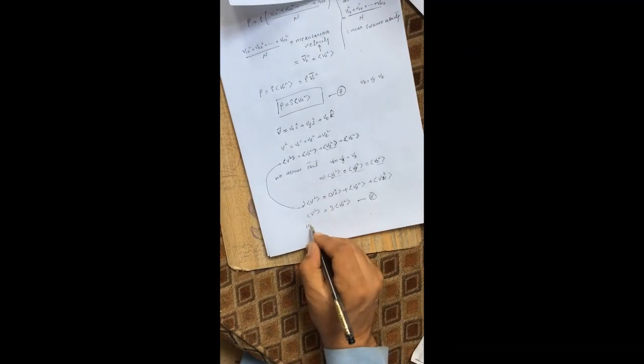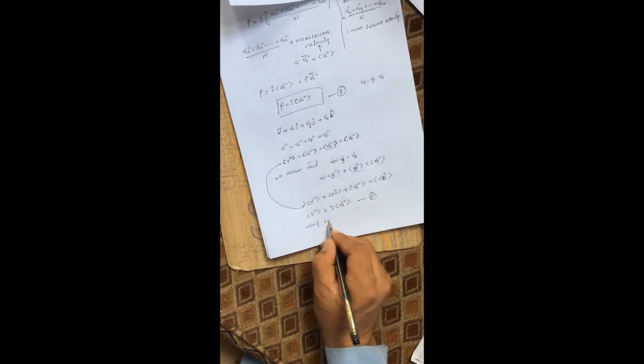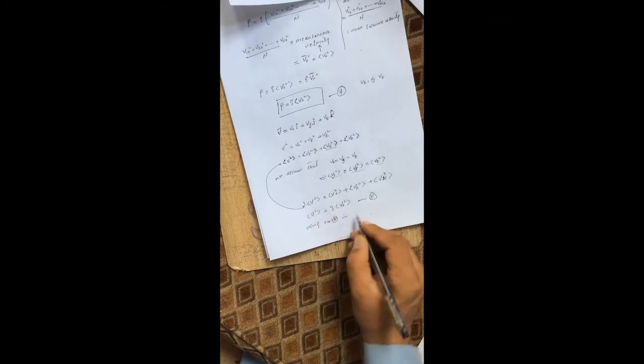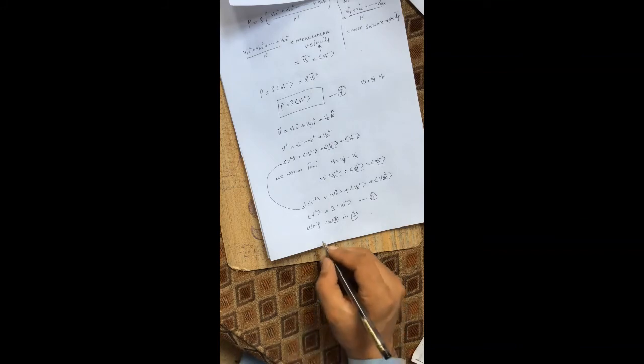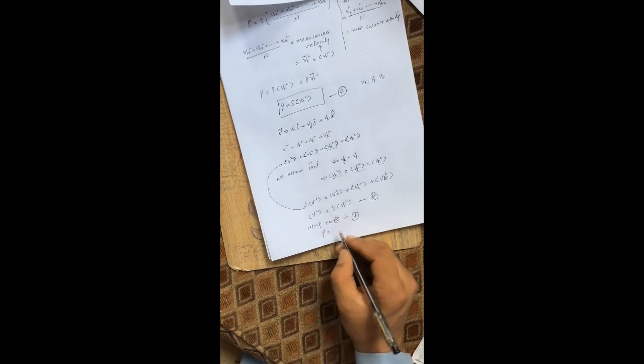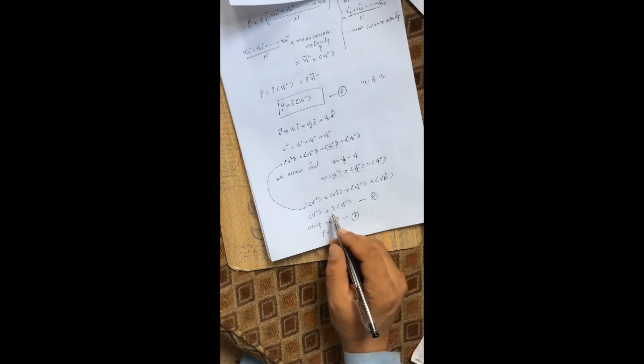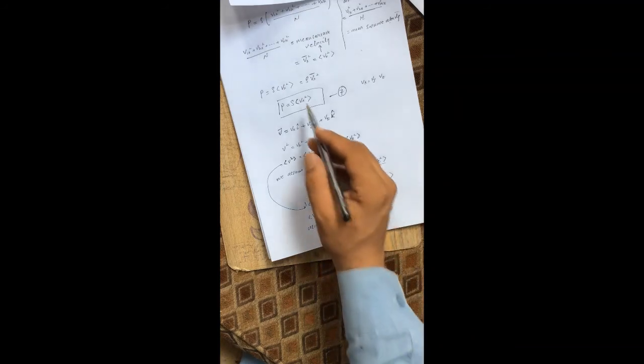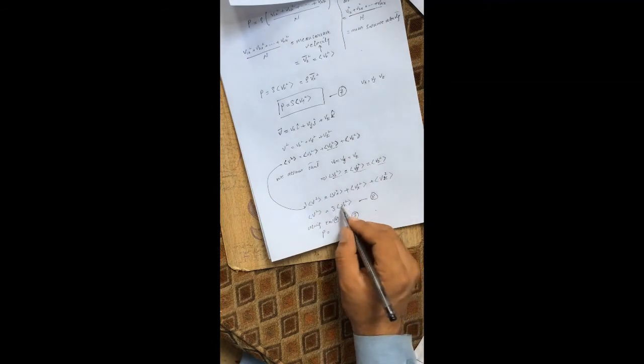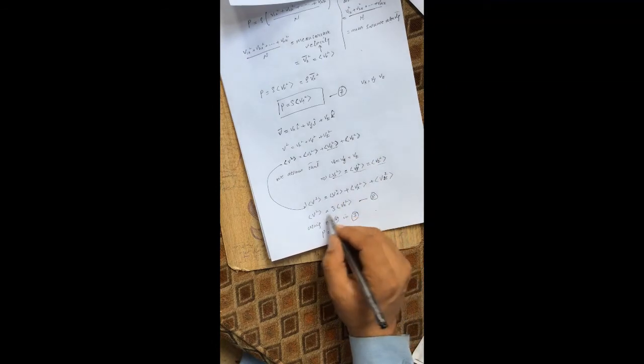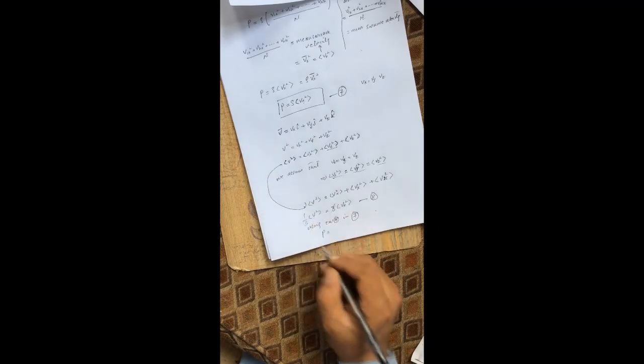Using equations 8 and 7, if I calculate the value of Vx square, it will be equal to 1 over 3 V square.